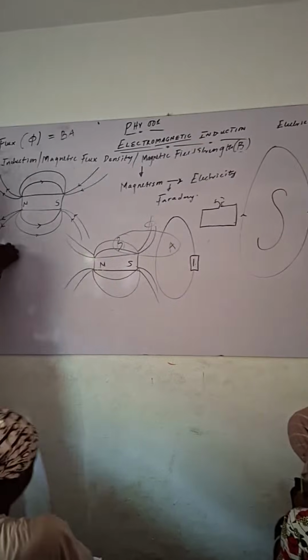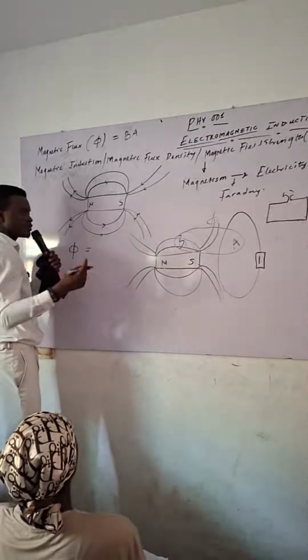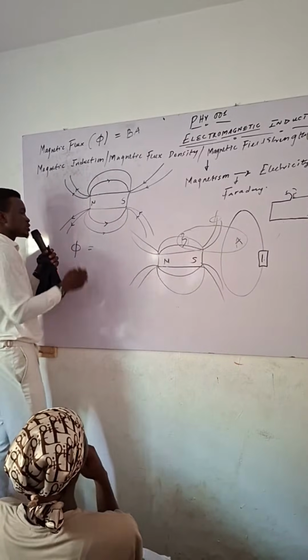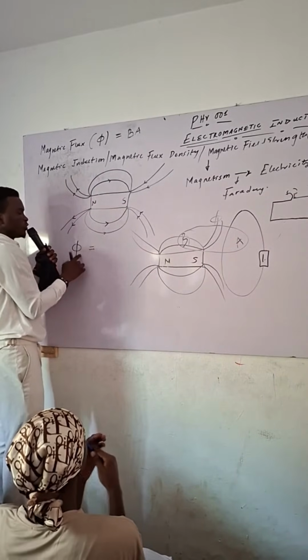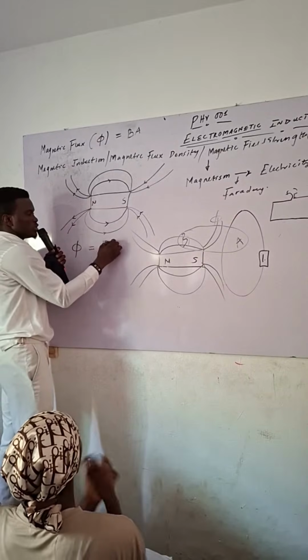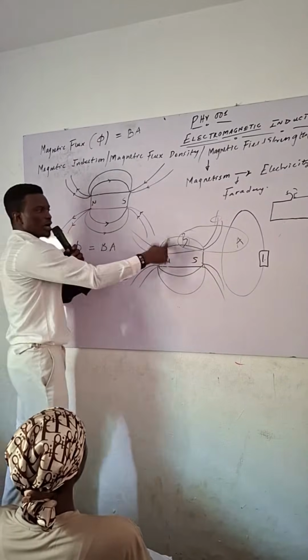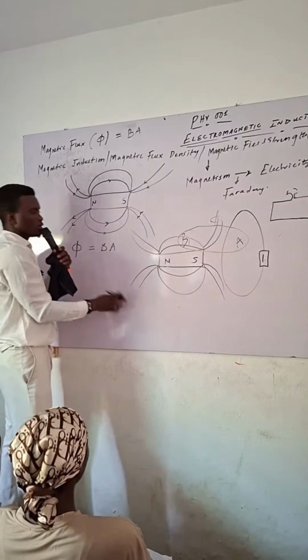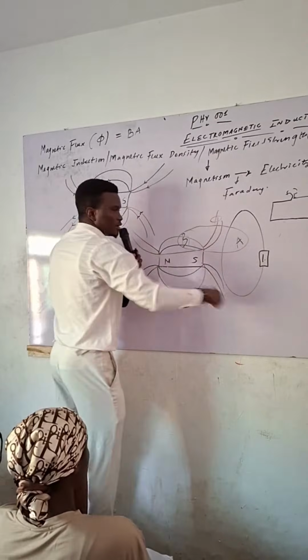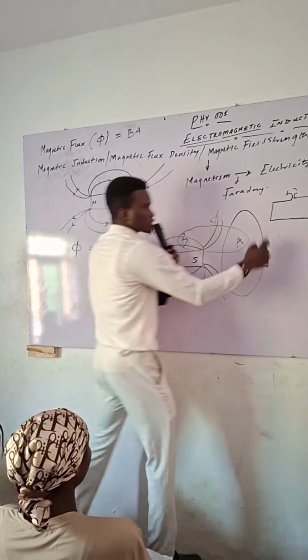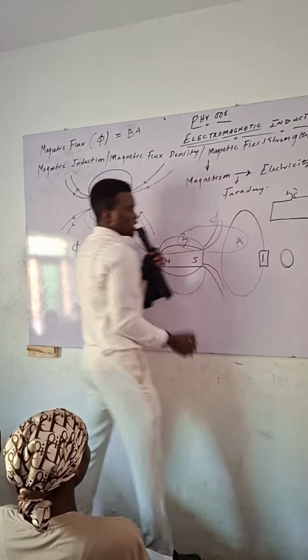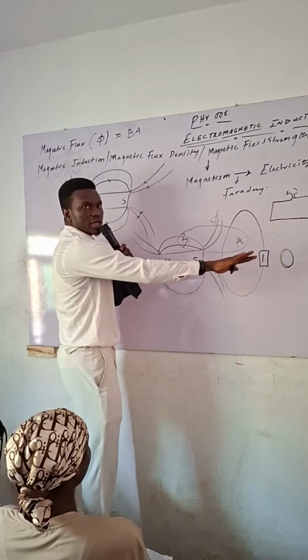In physics, you have to write those definitions because they can ask you. So phi is equal to BA. What does B represent? The number of magnetic field lines. A represents the area it is entering. If this coil is very small, then only a few of these lines will enter.